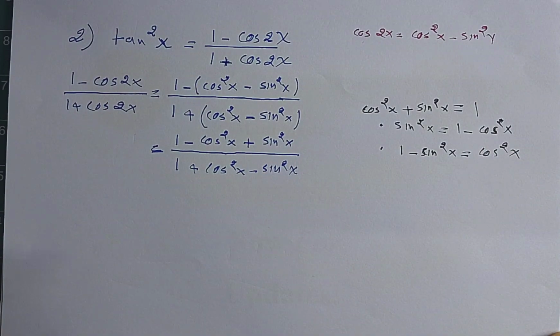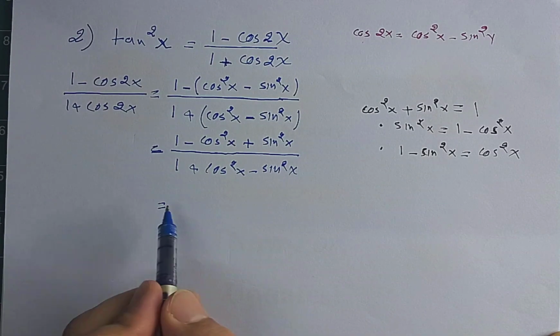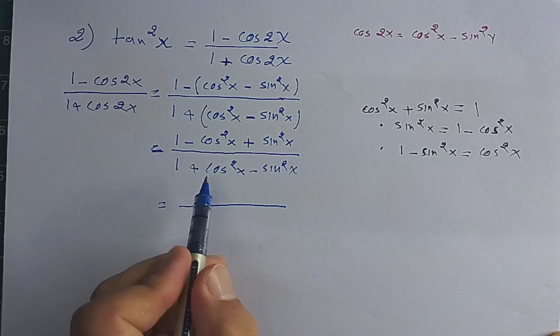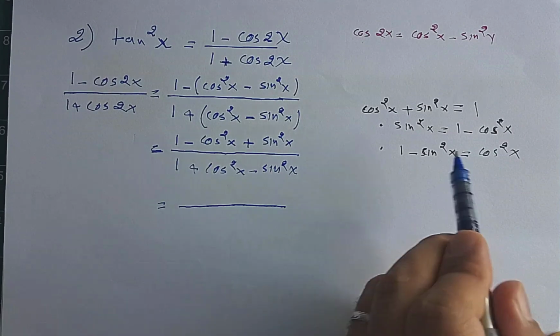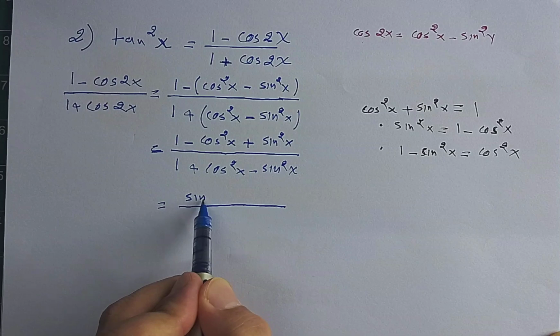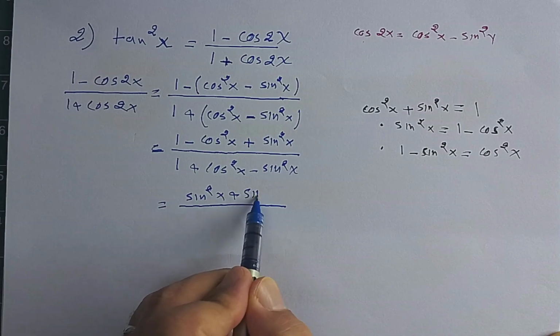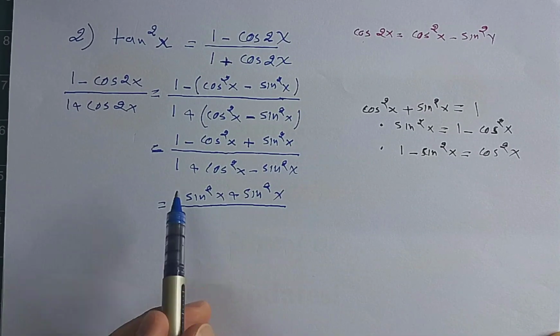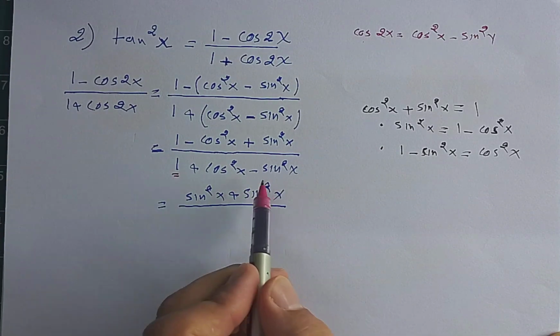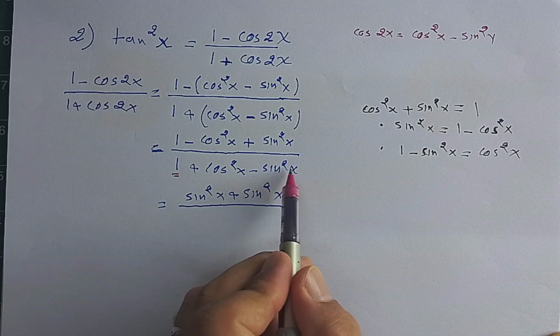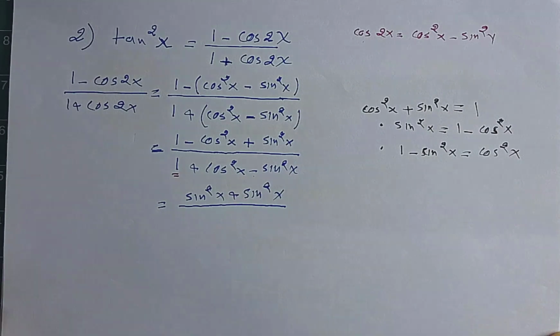I use this one in the numerator and this one in the denominator. So I continue to solve this expression. 1 minus cosine square x equals sine square x, plus sine square x, and 1 minus sine square x, I write cosine square x.